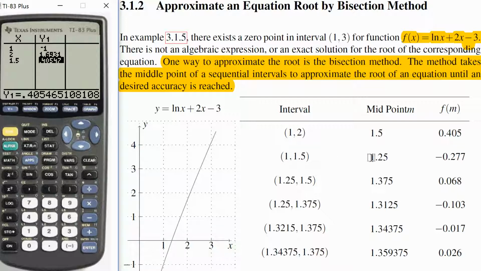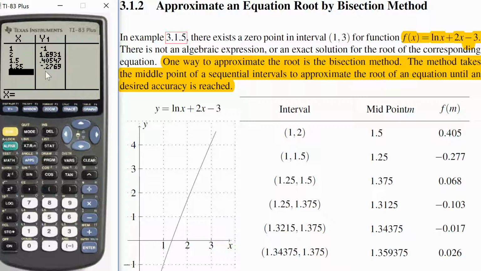And then what's the middle point? The middle point is 1 plus 1.5 divided by 2, which is 1.25. You plug in 1.25 here and hit enter.